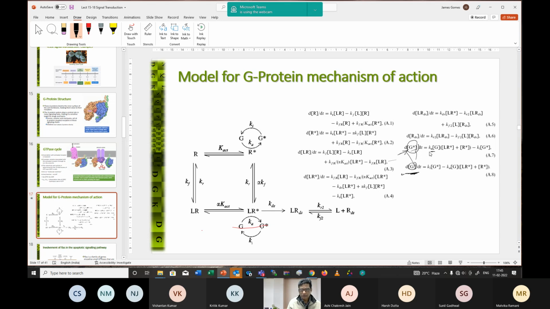So usually these are difficult steps, this one and this one. These are the intermediates, and they will be difficult to obtain. Also this one. So usually you try to eliminate them and then get the other equations which are independent of these. That is one of the things to keep in mind as we move forward.